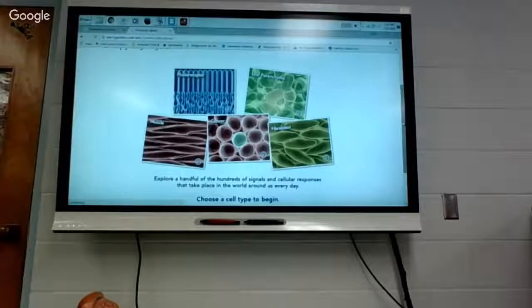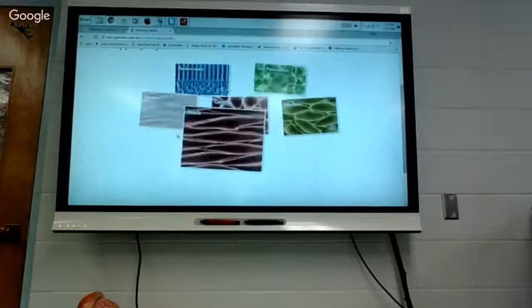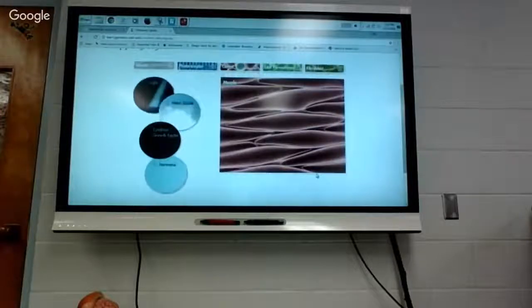Those five cells are on this side right here, and on the top are the different conditions or chemicals that you're going to expose the cells to. We'll do the first one together so everybody understands, and then you can just go for it. We're going to click on the muscle cell first. If I click on that, we'll see the four different stimuli over here. We're going to do hormone first because it's first in our paper.